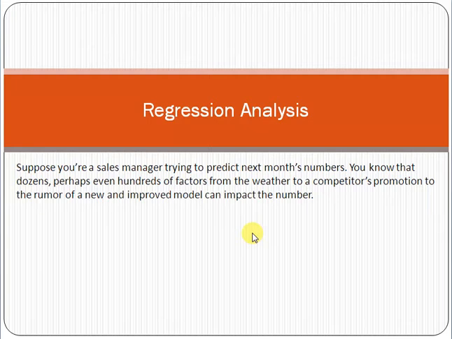I'm just trying to give you the idea of regression analysis, that it basically uses the historical data, and by using the historical data we can predict the future. Remember one thing, the forecast about the future is based on the historical data.